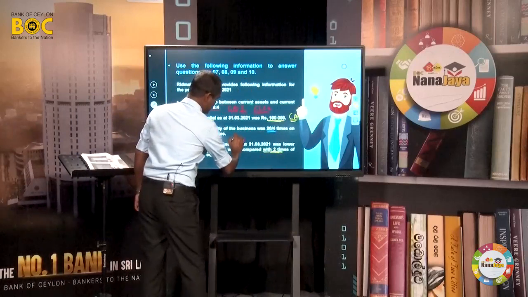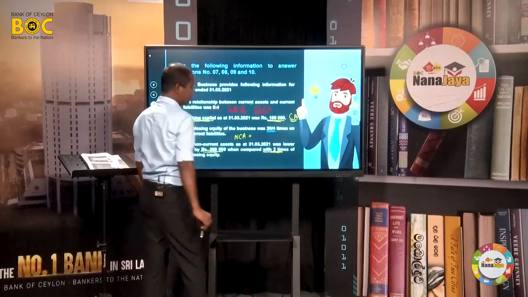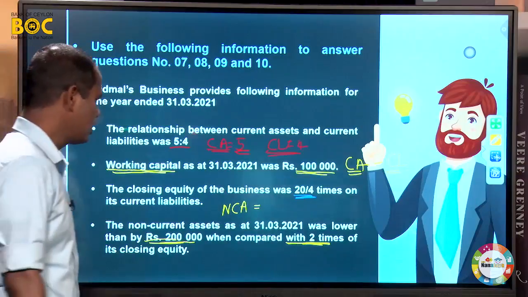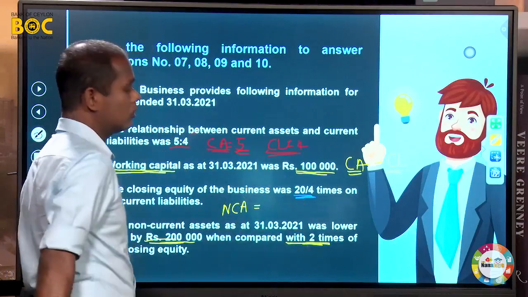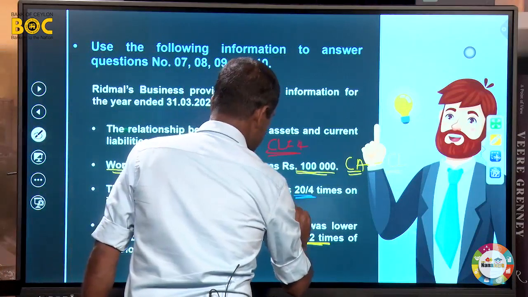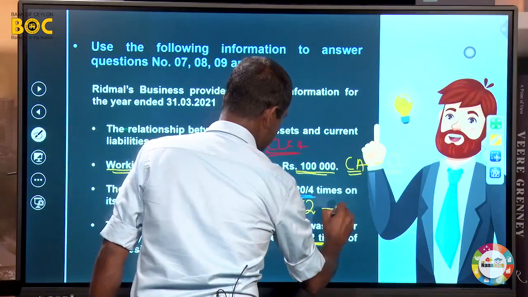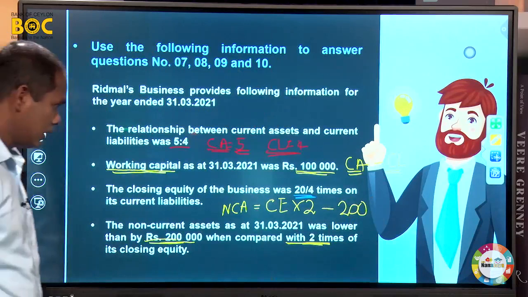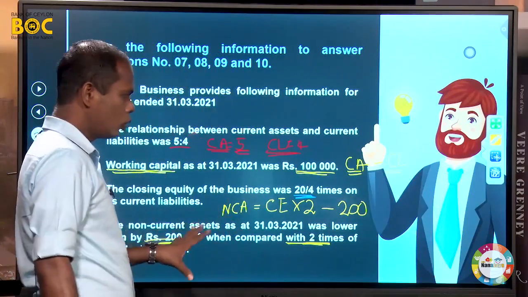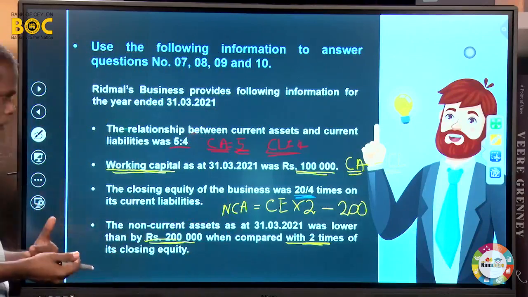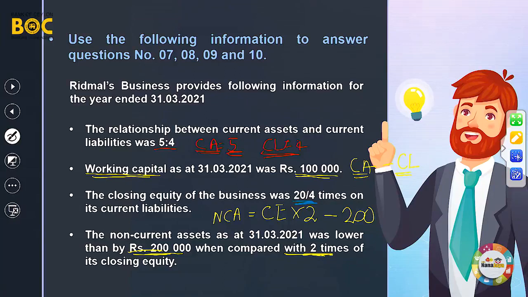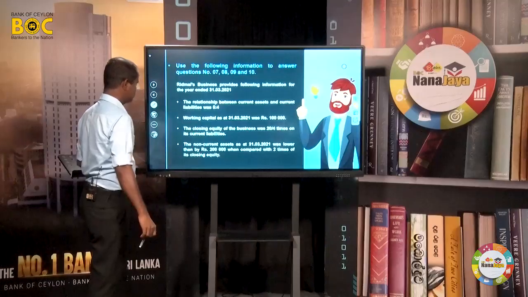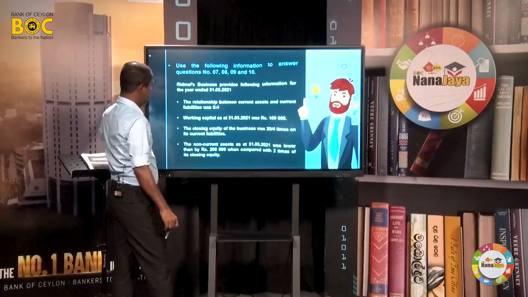So non-current assets equal closing equity multiplied by 2, minus 200,000. Right, so we'll go ahead with the next page.